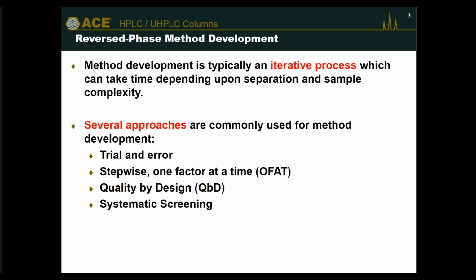There's also other types of approaches, such as the quality by design approach, which is something that's quite popular in the pharmaceutical industry at the moment. And of course, there's systematic screening. This is where we can use different chromatography parameters, systematically screen through those different parameters and see if we can find a combination of those parameters that give us the method that we're interested in.